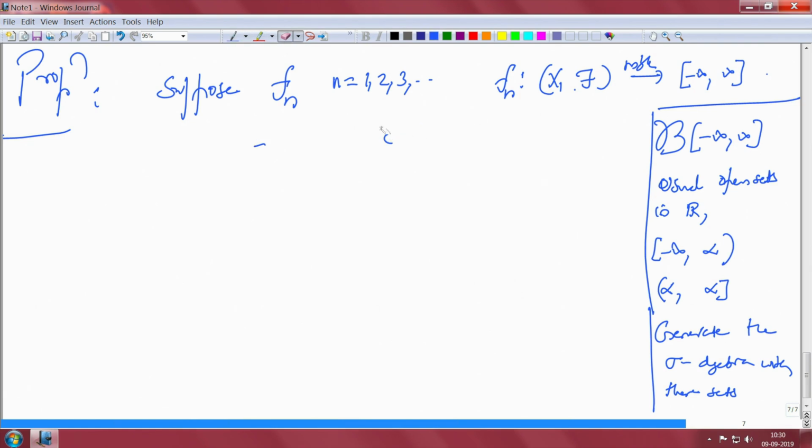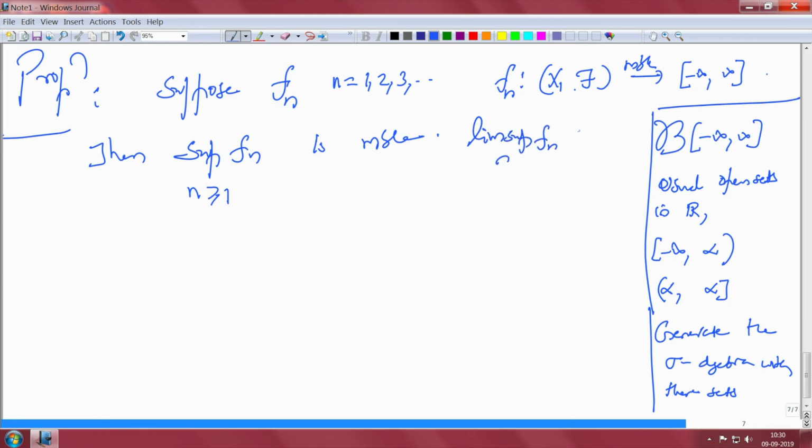So, I assume that there are countably many measurable functions, then the supremum of f_n, n greater than or equal to 1, is measurable. Similarly, lim sup of f_n is also measurable. So, let's prove this.